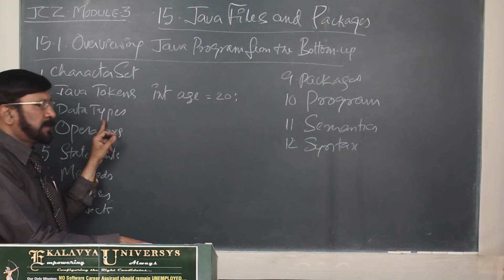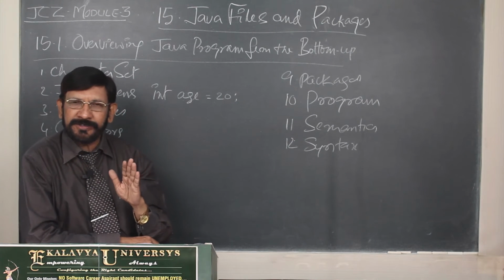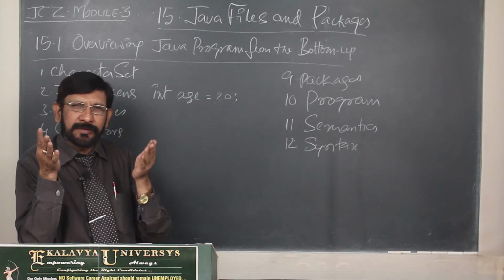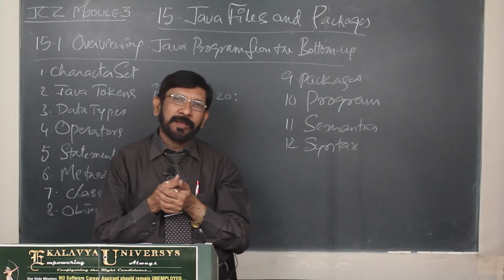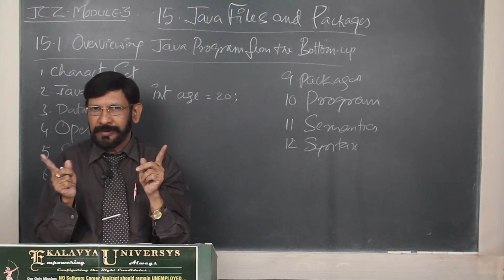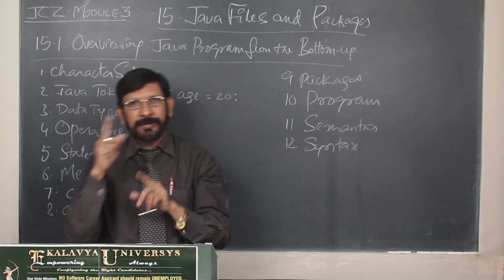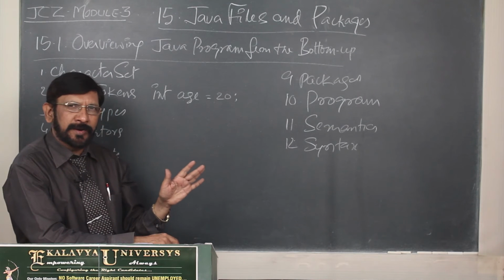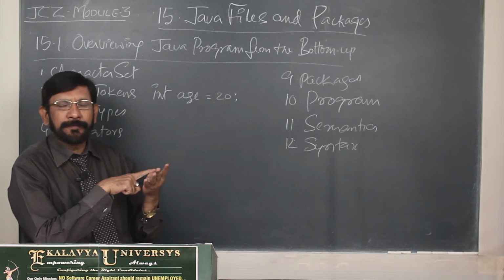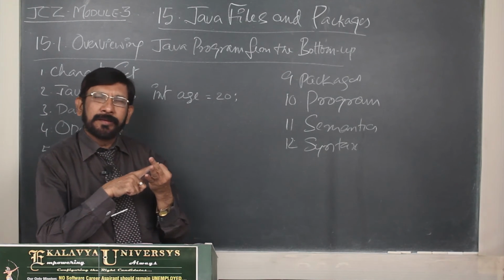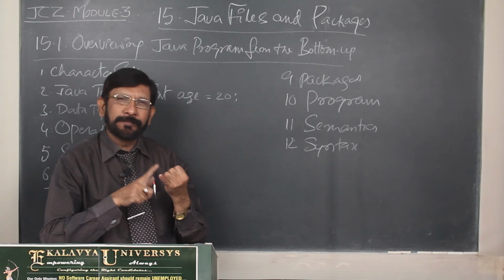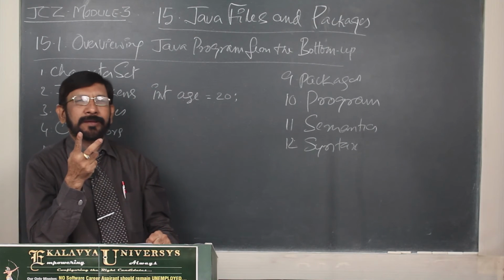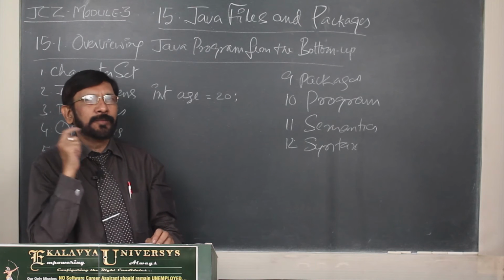So, data type means you must understand that it defines a blueprint. In Java, there are 2 types: primitive data types and reference data types. There are 8 primitive data types: boolean, char, byte, short, int, long, float and double.